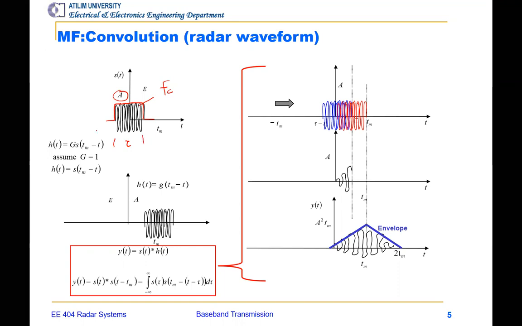So we take a single pulse in here. The matched filter impulse response for this signal will be just the signal itself, shifted by Tm and mirror imaged. And convolution, as you might remember from signals and systems, is simply a sweeping operation.